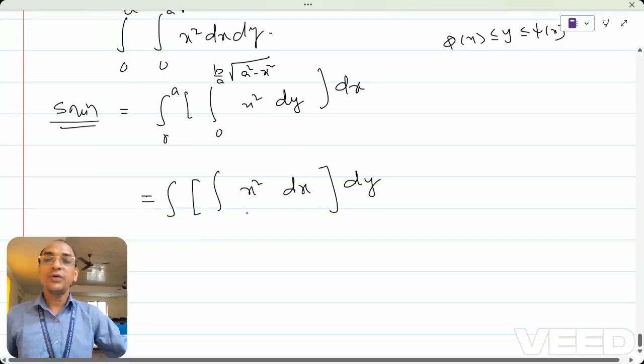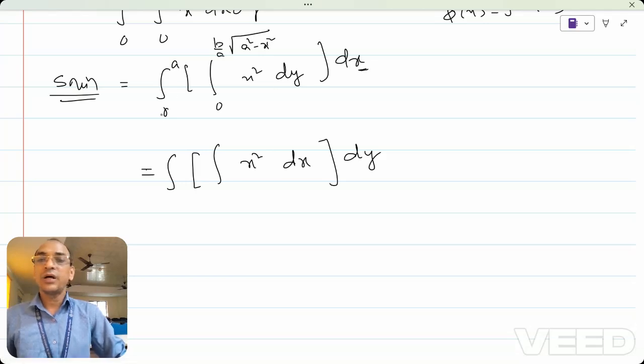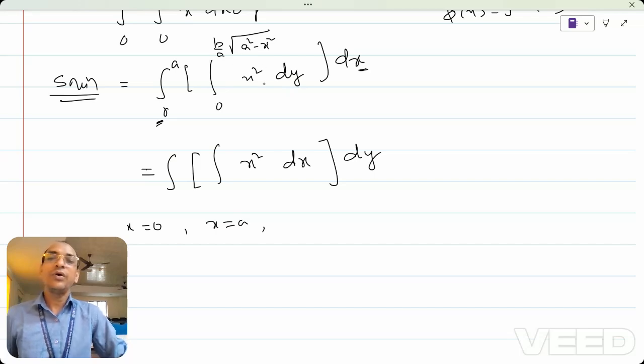So now how can we plot the graph? You see that here the outer integral is with respect to x. So whatever limits the outer integral has will be the limits for x. That means x equal to 0 and x equal to a. Now the inner integral is with respect to y, so the limits of the inner integral are the values of y.